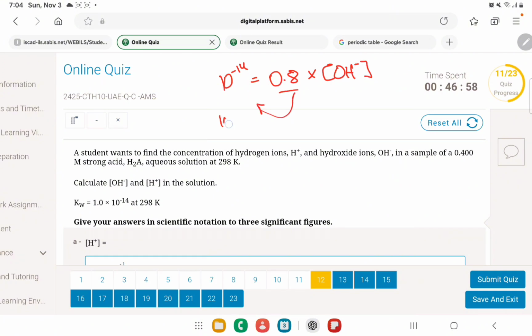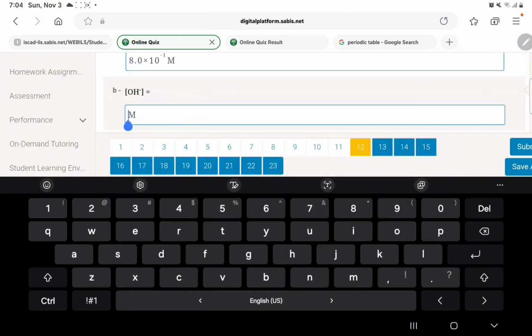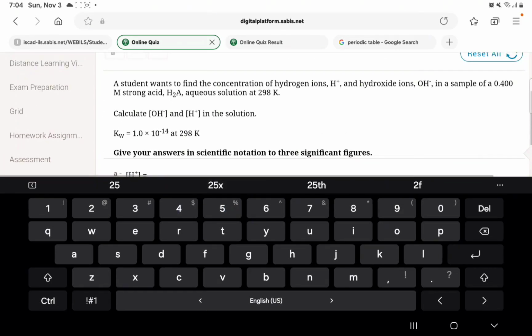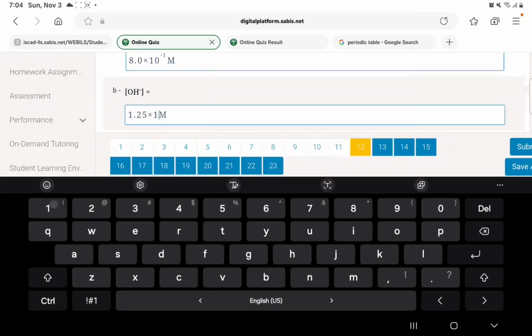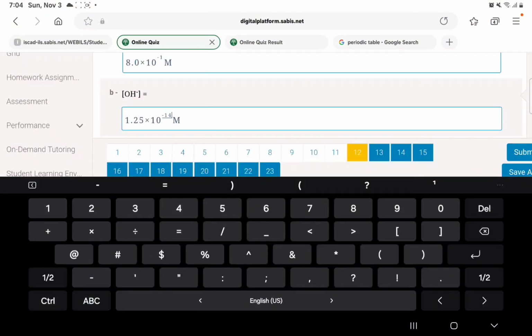Put that to the other side to get 10 to the power of negative 14 over 0.8. And then you get 1.25 times 10 to the power of negative 14.